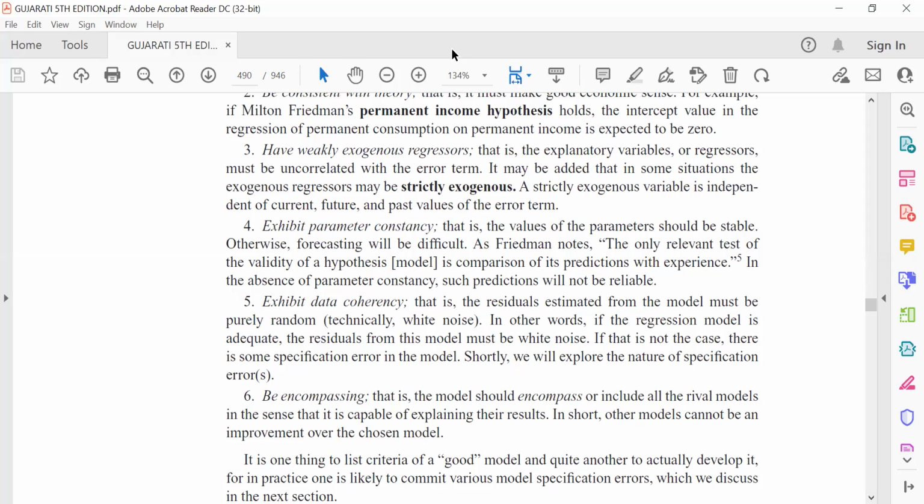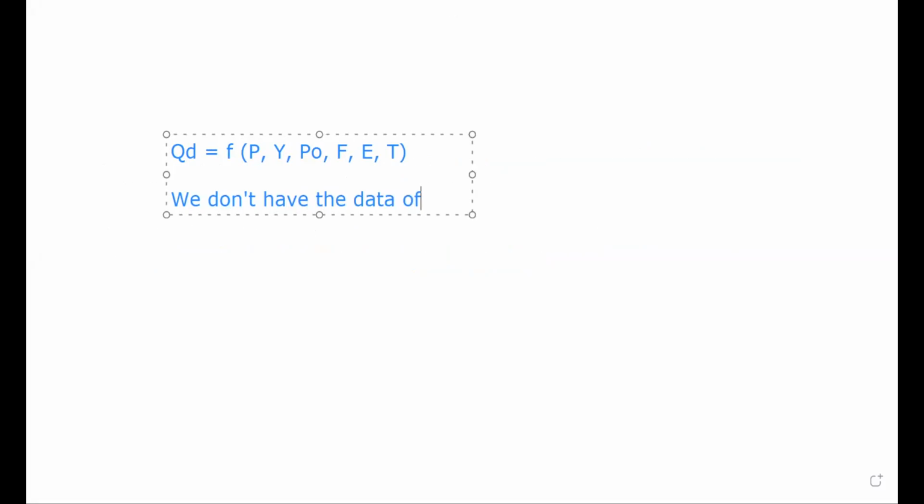For example, here I want to explain: demand for certain goods is a function of its price, income, other prices, family size, and expectations. We also have taste, but we don't have the data on expectation and taste. So what should we do?